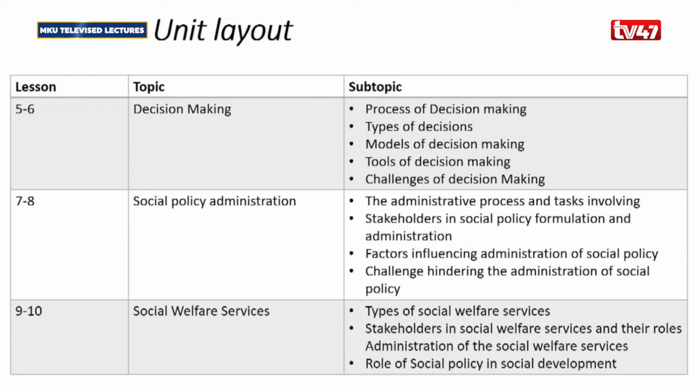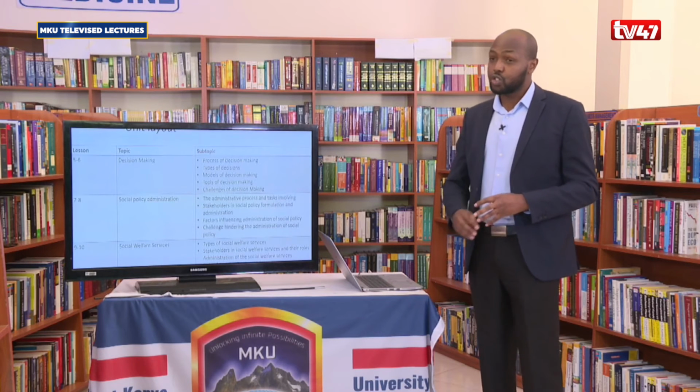But then, regardless of how good a policy you have been able to come up with, there's always the challenge that when you're implementing it, you will be expected to face some challenges when it comes to administration of that specific policy. And in this unit, you seek to identify, to highlight, and to discuss some of the challenges that the administration of social policy faces.